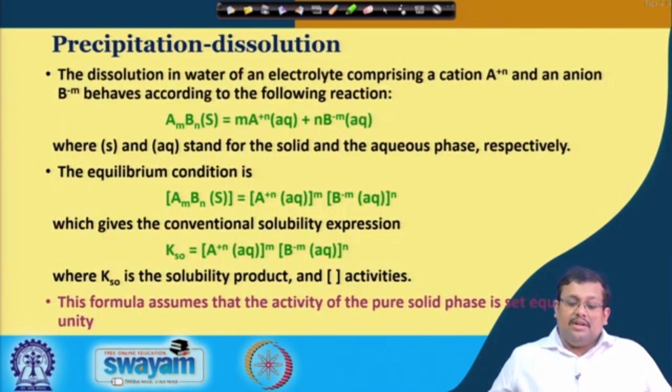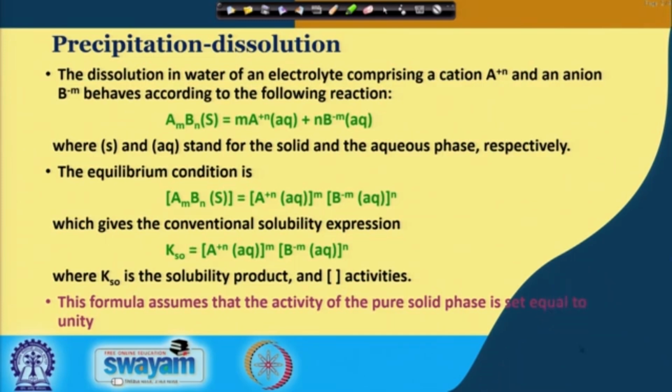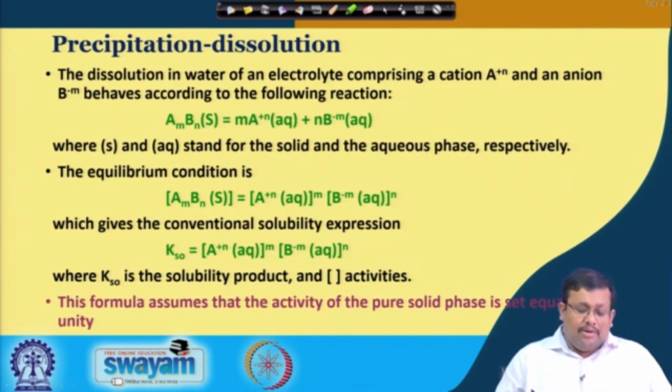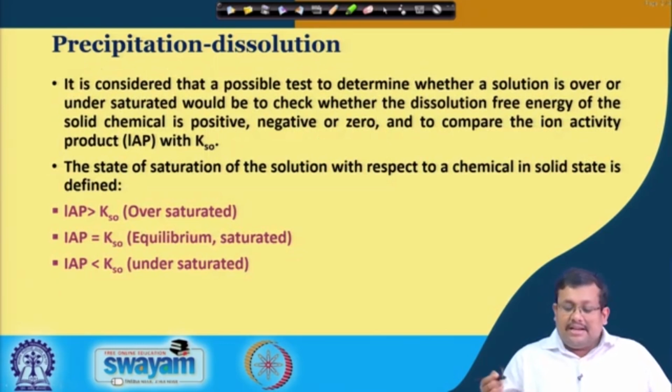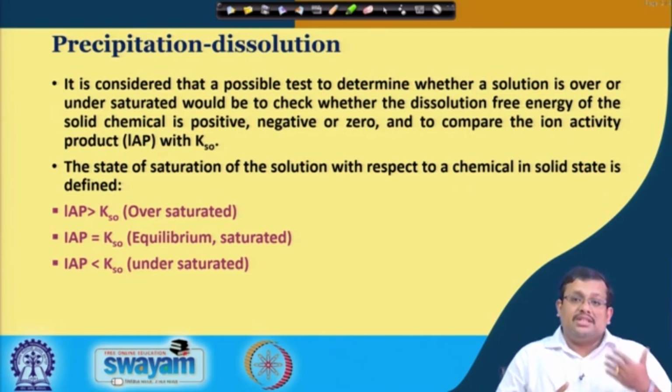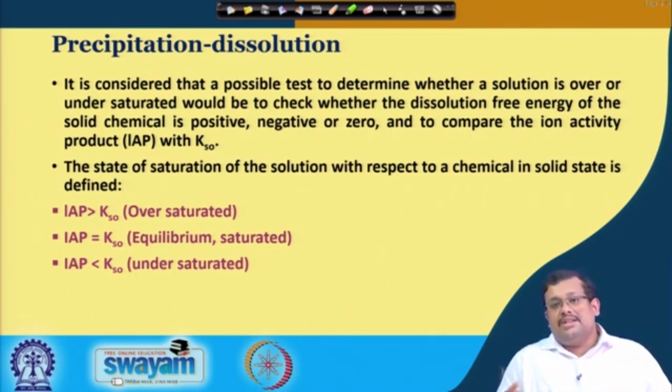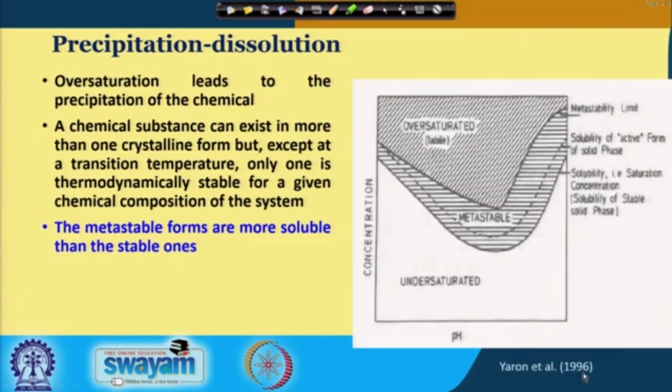And then, in terms of the dissolution in water of an electrolyte comprising cations and anions, we have discussed this example in terms of the solubility product constant and the activities of those anions and cations. We have seen how the ion activity product is linked with the solubility product to infer whether the solution is oversaturated, saturated or undersaturated, and in these three conditions how precipitation and dissolution will occur. Then we have seen the relationship between pH and concentration.